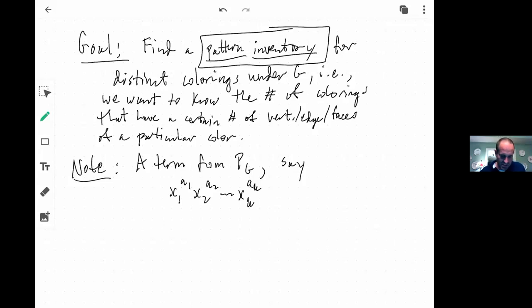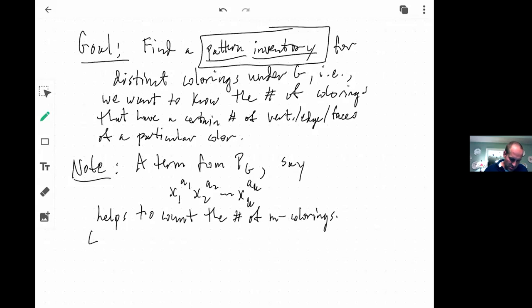So a term from this thing helps to count the number of M colorings. Okay.